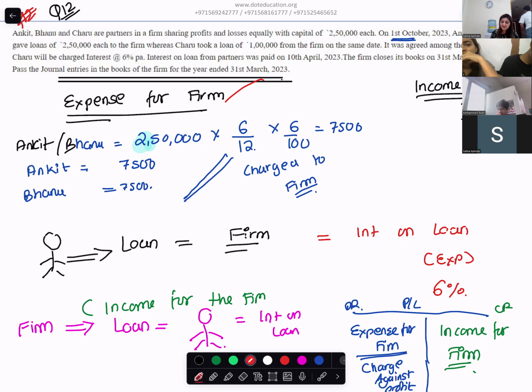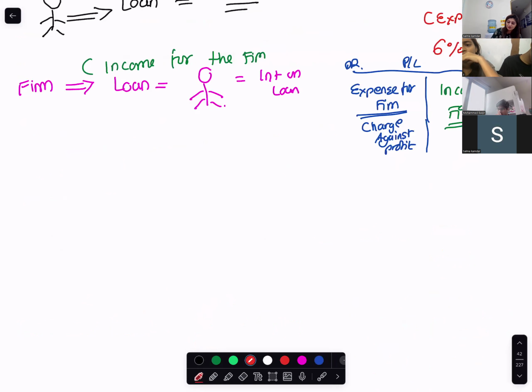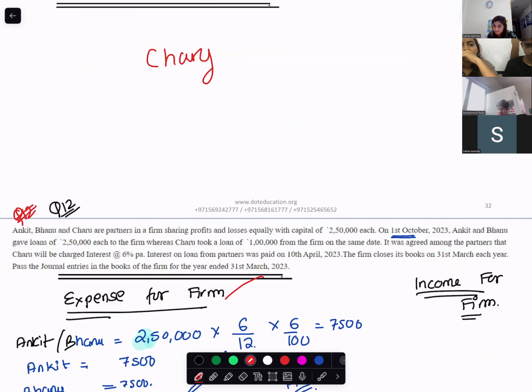Is there any difference between charge and paid?